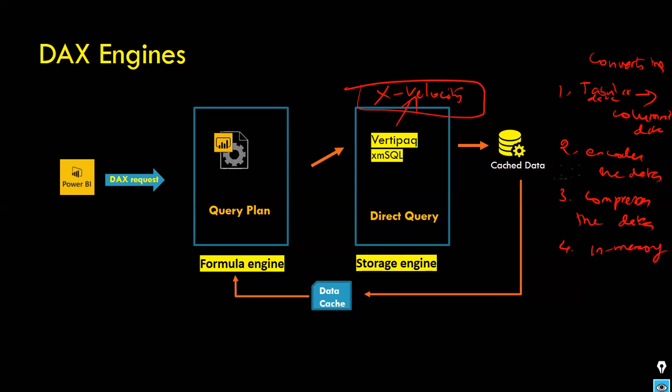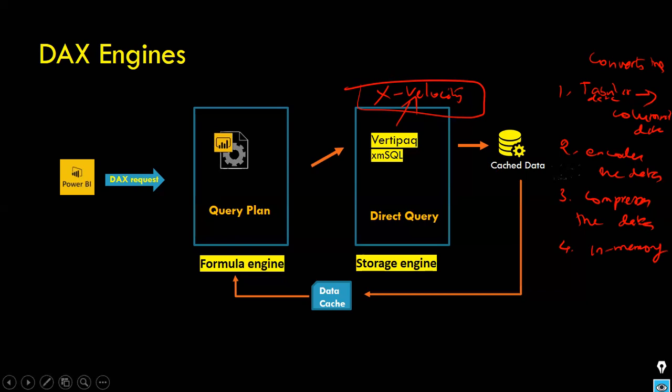It's something like if I ask your dad's father's contact number, you can tell instantly because it is there in your memory. And if I ask you your maid's phone number, you have to go and search in your mobile phone, right? So anything which is in memory is faster. This is the role played by the X velocity engine.